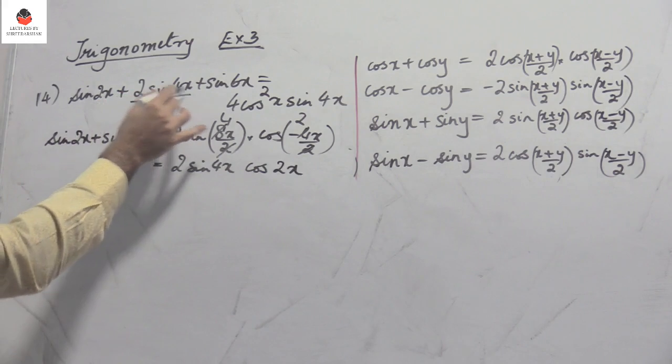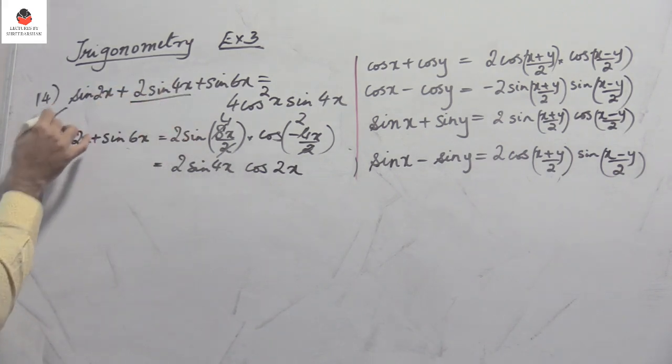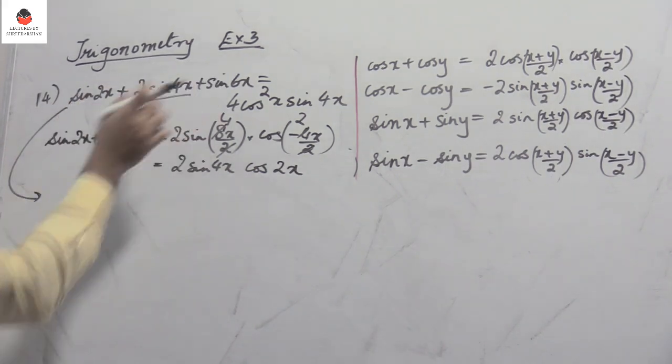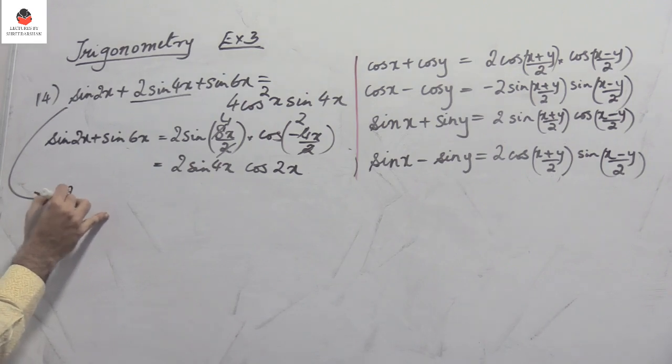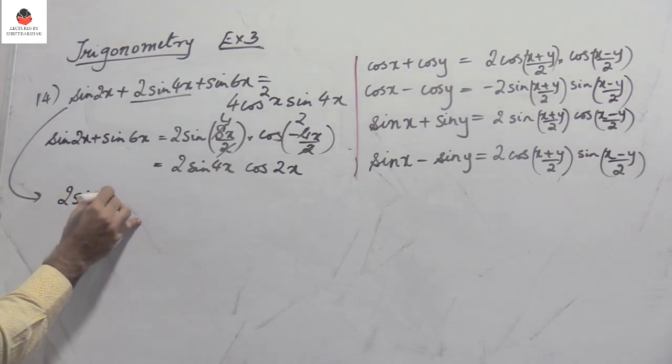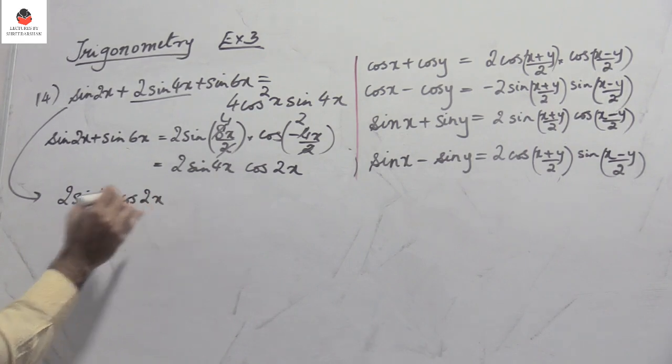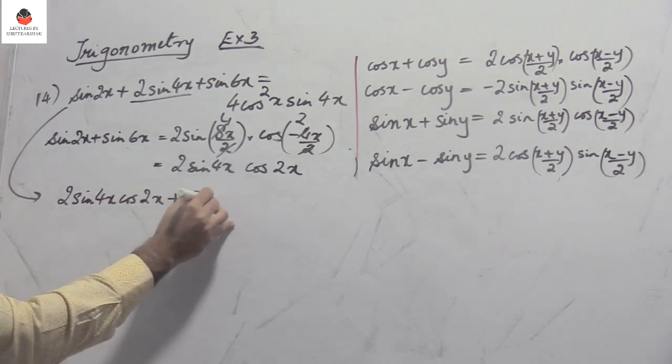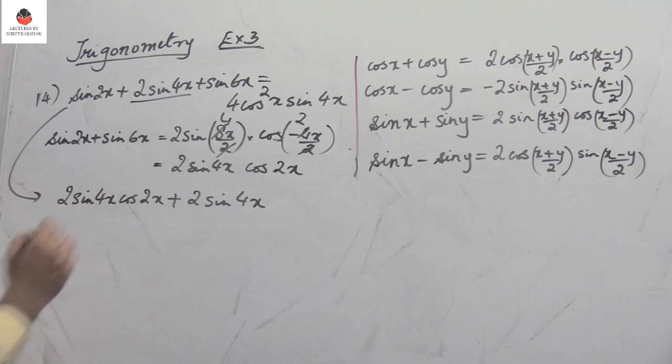So now I'll include the second term here. Sine 2x plus sine 6x is 2 sine 4x cos 2x, plus 2 sine 4x. Now among these two terms, 2 sine 4x is common.